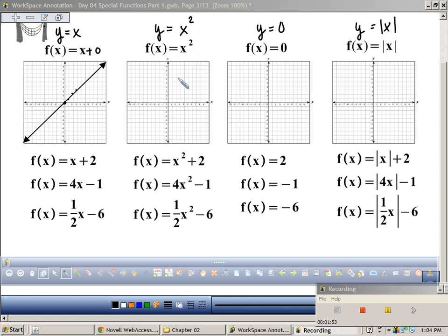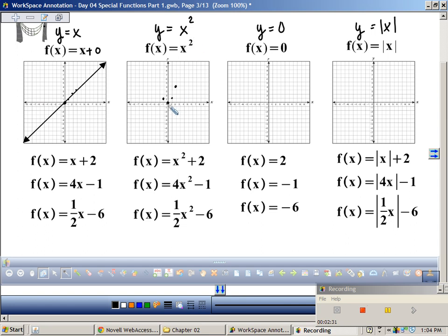If I were to substitute 0 in for x, wouldn't I get 0? 0 squared is 0. And if I were to substitute 1 in, 1 squared is 1, so 1, 1. If I were to substitute in negative 1, I would also get 1, because negative 1 times negative 1 is a positive 1. What if I were to substitute in 2? I would get 4, because 2 squared is 4, right?